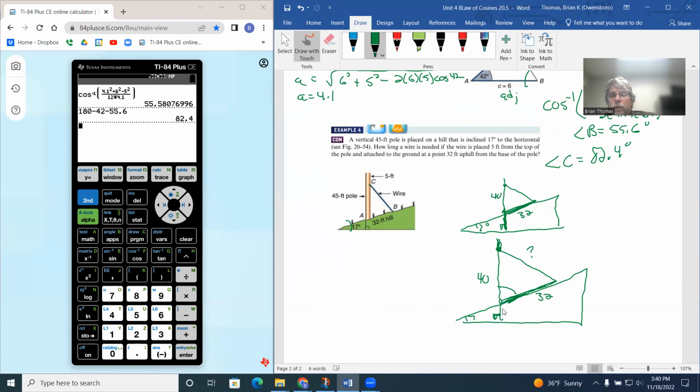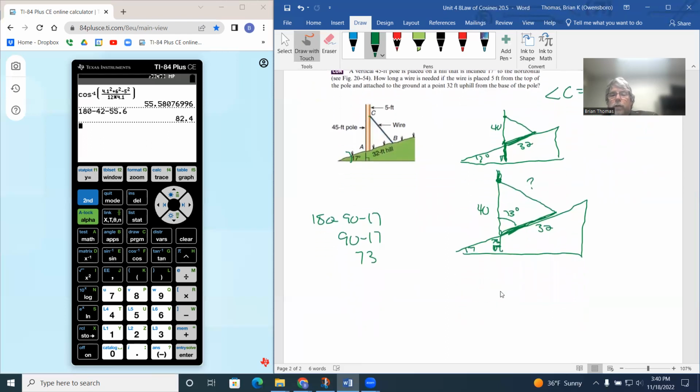So I have 180, subtract the 90 and subtract the 17. 180 take away 90 is 90. 90 take away 17, well, 90 take away 10 would be 80, 80 take away 7 would be 73 degrees. So this angle over here is 73 degrees, but notice that vertical angles are the same measure. So this angle here is actually going to be 73 degrees. By doing a little bit of manipulation, we can see this interior angle is 73 degrees.